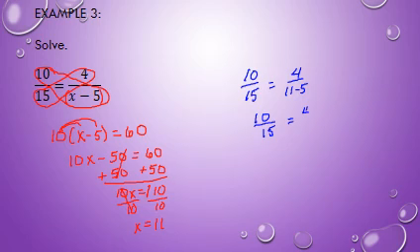Does that equal 4 over 11 minus 5 gives us 6. And then we do just like we did in example 1, where we cross multiply, and 15 times 4, that gives us 60. And then 10 times 6, that gives us 60. So yes, this does check out, and that tells us that 11 is the correct solution.